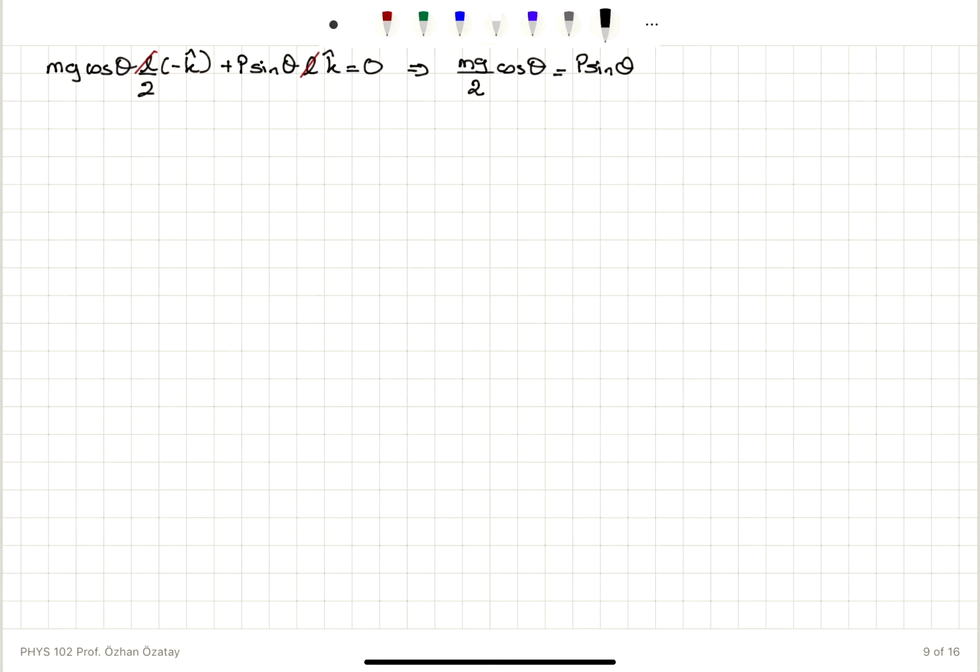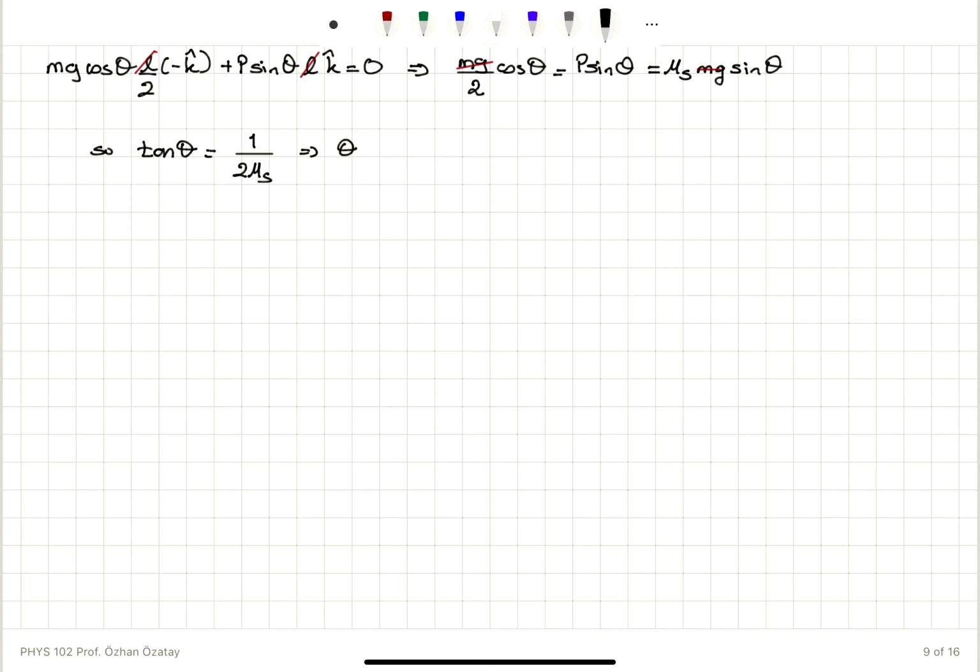So I divide both sides by L, and this P has a critical value mu s times mg, so it's mu s mg sine theta, and you can see that these mg's will disappear, and I will be left with a tangent theta here. So tangent theta, sine theta over cosine theta, will be equal to 1 over 2 coefficient of static friction.